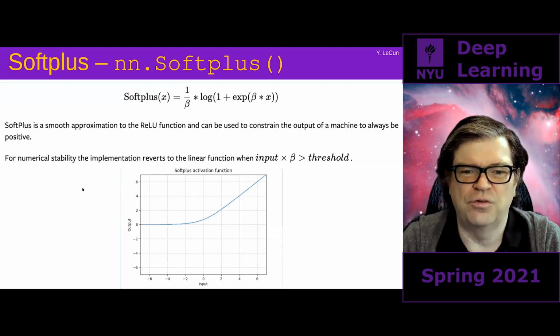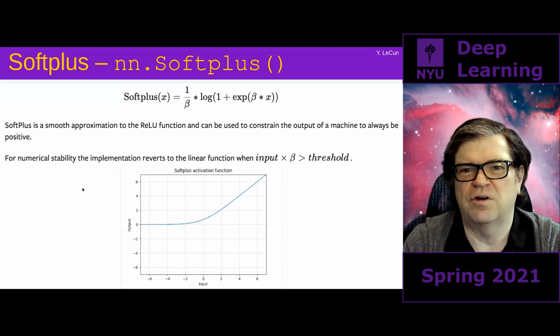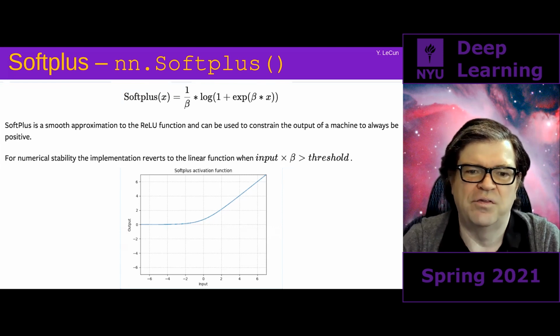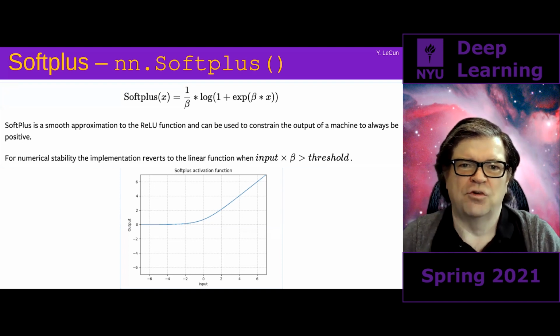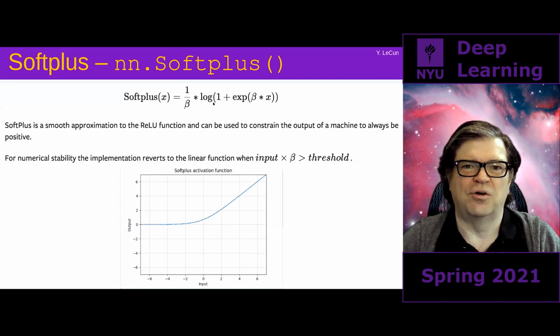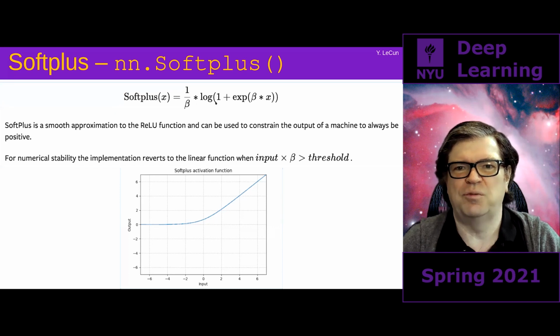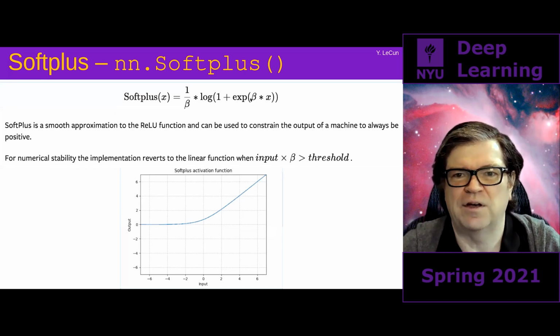It's softplus. So you can think of this as kind of a soft version of ReLU. And the sharpness of the kink is determined by a parameter beta. So this function is 1 over beta times log of 1 plus exponential of beta x. When x is very large, the exponential dominates the 1, and the log cancels the exponential. So that basically becomes the identity function, right? The 1 over beta cancels the beta.